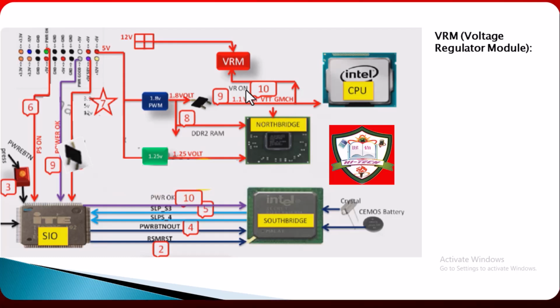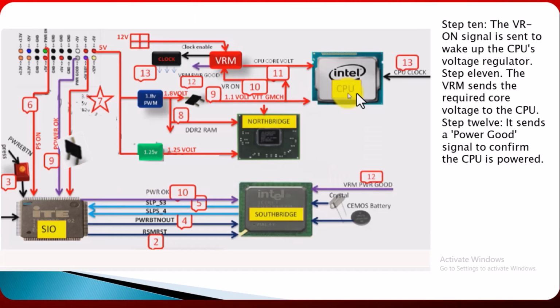This voltage regulator module supplies the voltage as required by the CPU, by adjusting the voltage. The VRM, voltage regulator module, sends the required core voltage to the CPU.